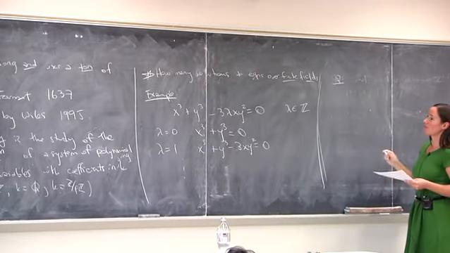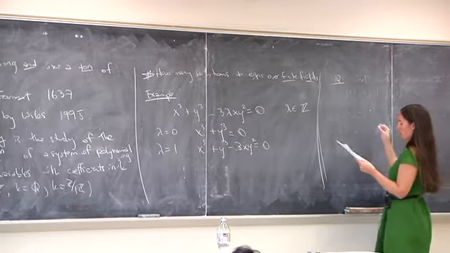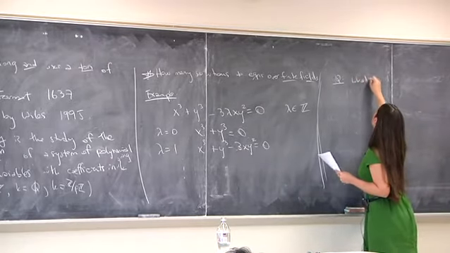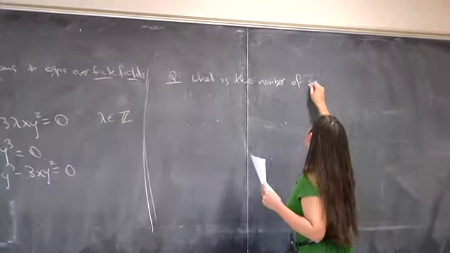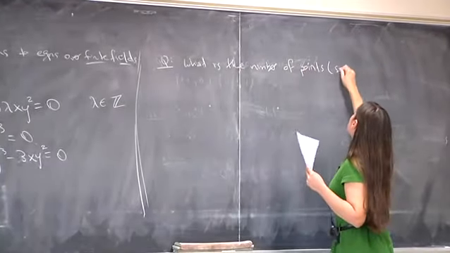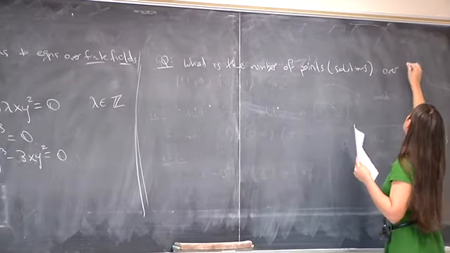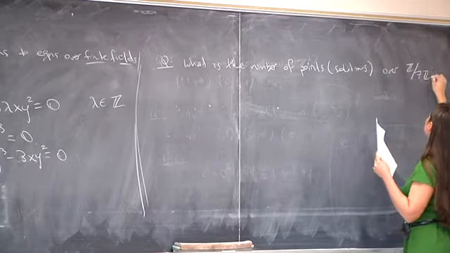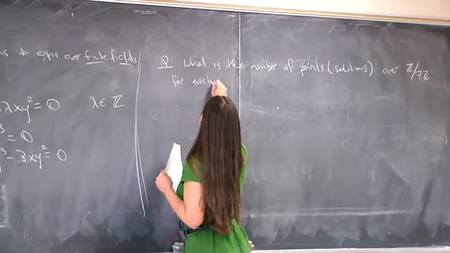So the question I want to ask, a very specific question, is what is the number of points, remember that's solutions, over Z mod 7Z for each lambda?